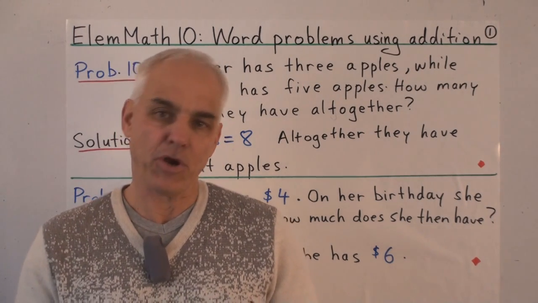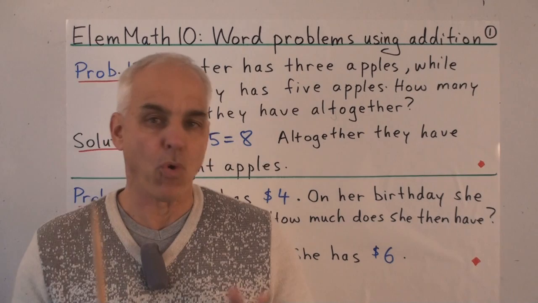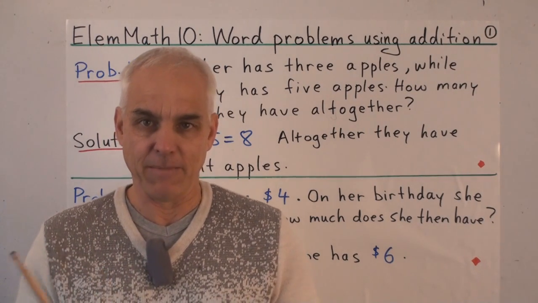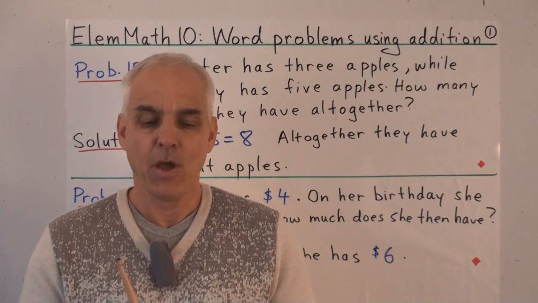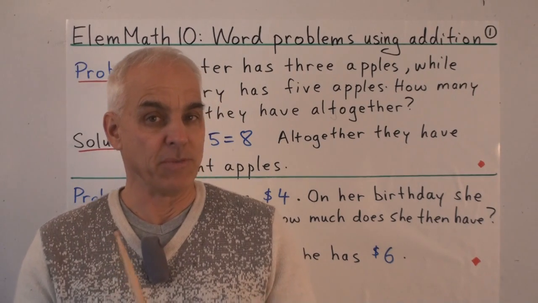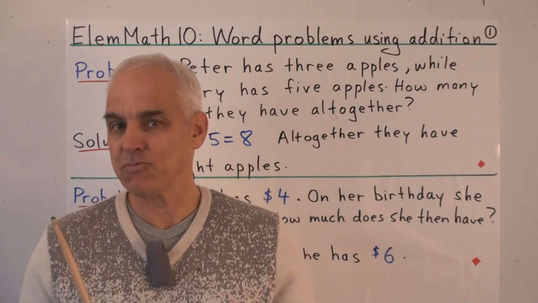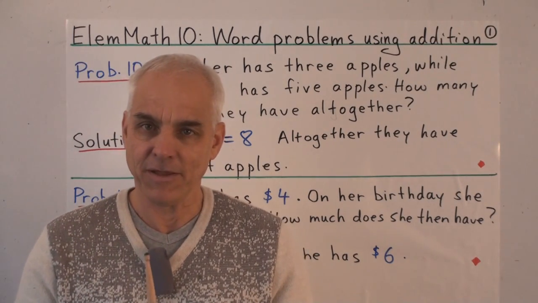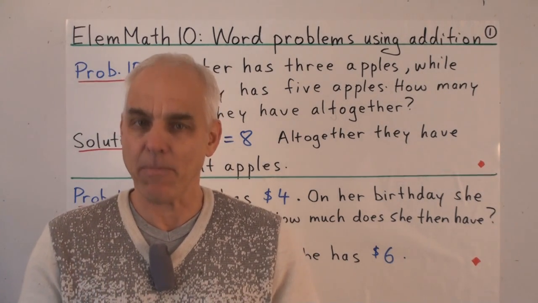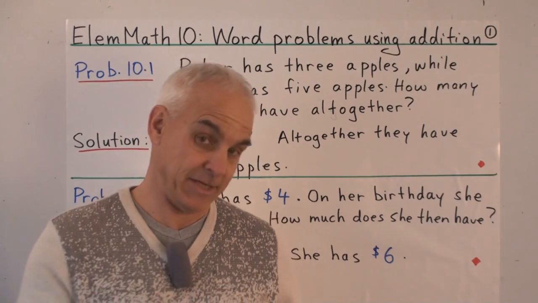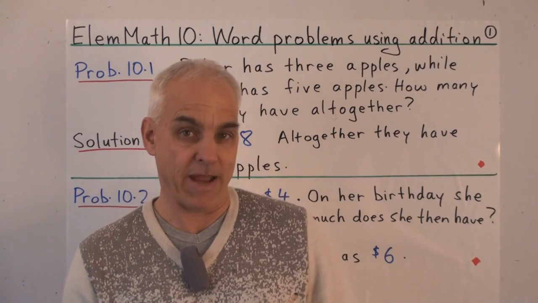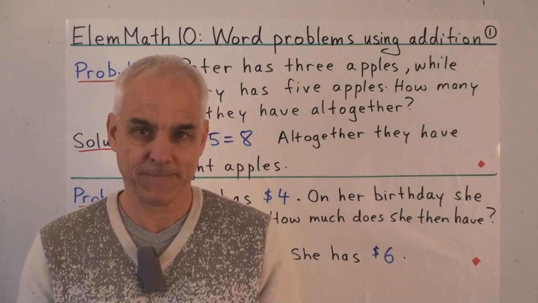In this video we are going to introduce the idea of word problems in mathematics. All the word problems that we are going to be considering are related to addition, because that's pretty well the only operation that we're on top of at this point in this series on elementary mathematics, K to 6.